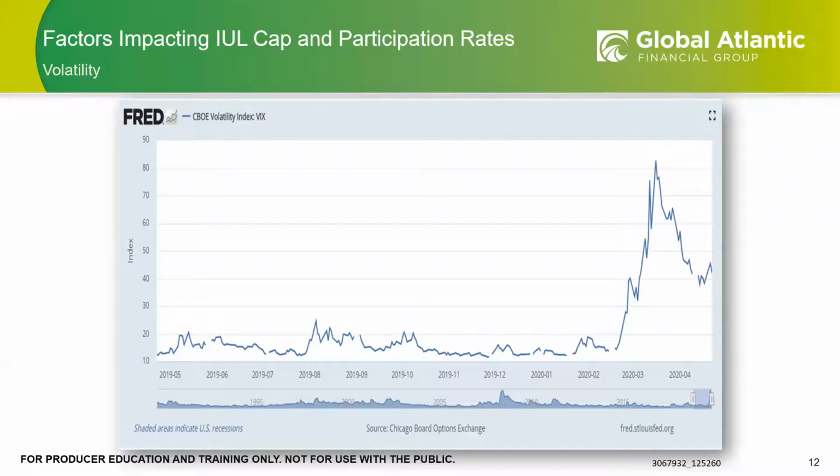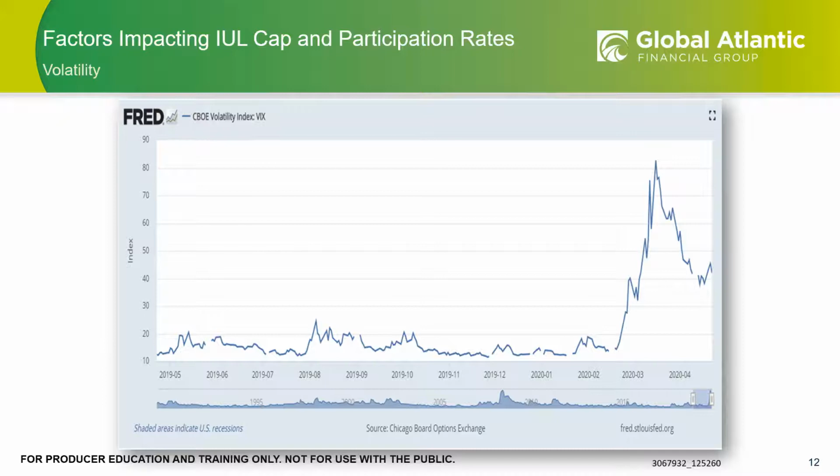So right now, the environment that we're in has a lower interest rate environment, which means a lower return on the portfolio for the carrier. We have a higher volatility market, which means higher option costs. Now, thankfully, volatility has dropped down into the upper 20s over the last few days.